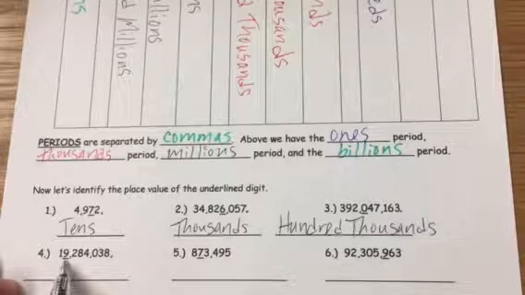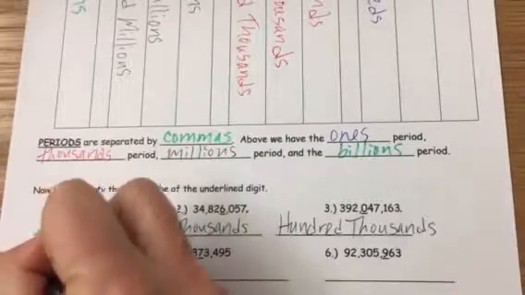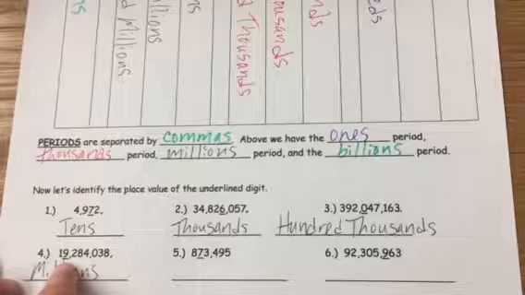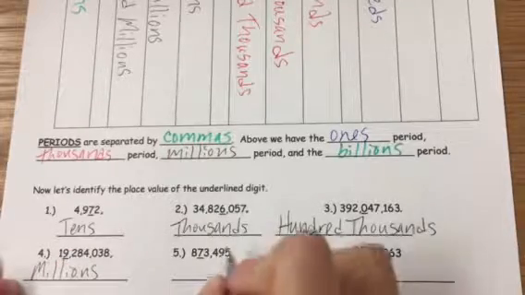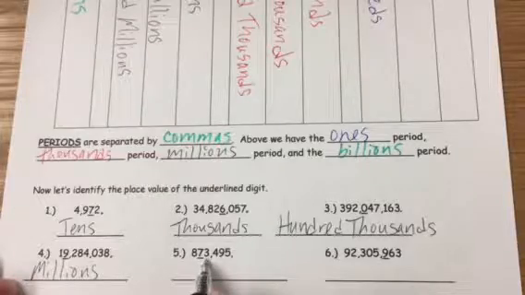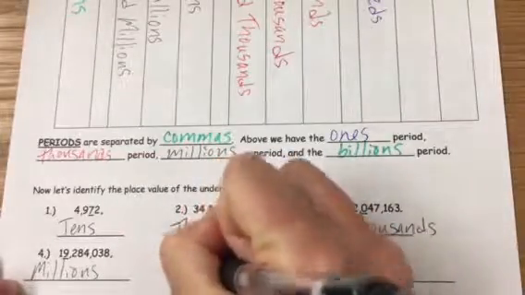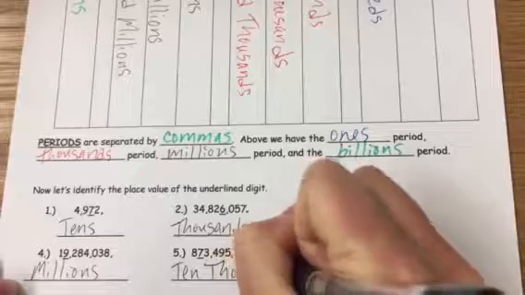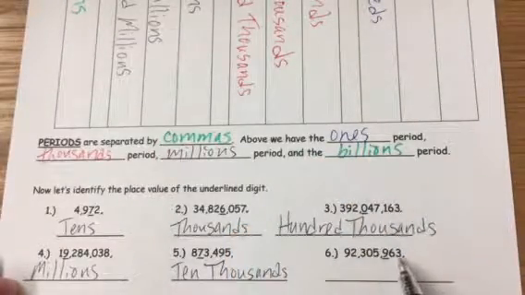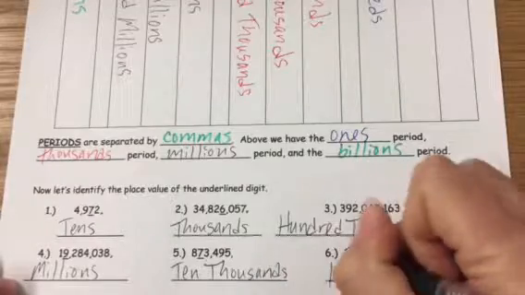I'm now entering into the millions place value. That's after the second comma, millions. Ones, tens, hundreds, thousands, 10,000s. And our last one here, ones, tens, hundreds.